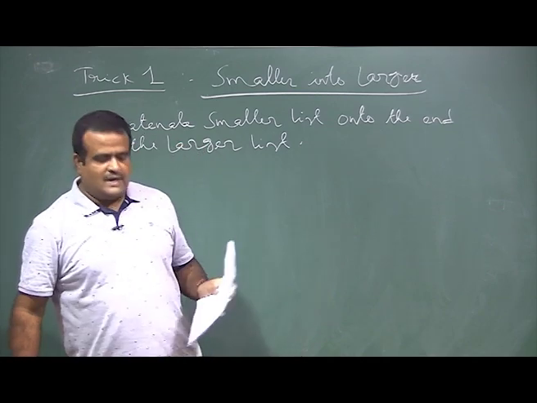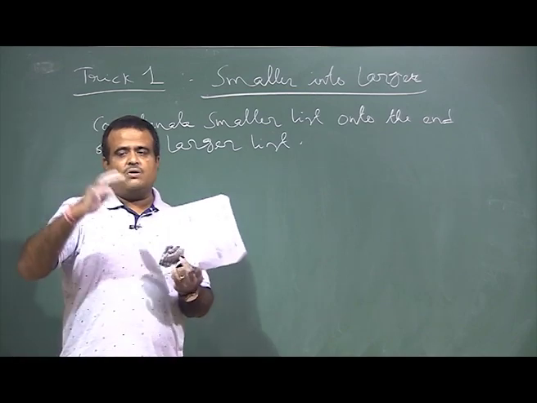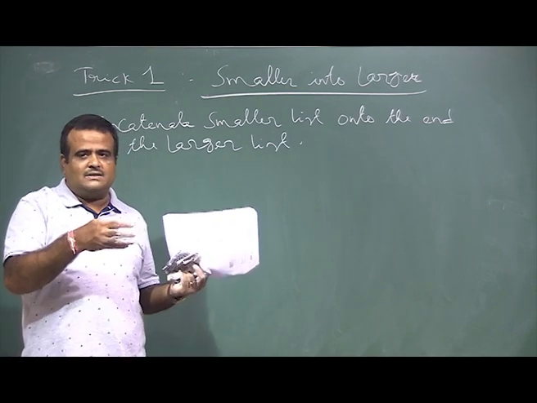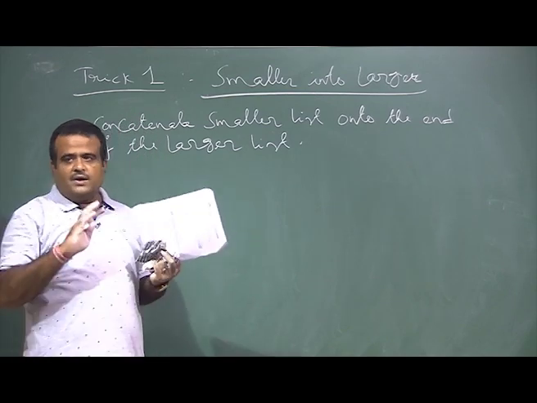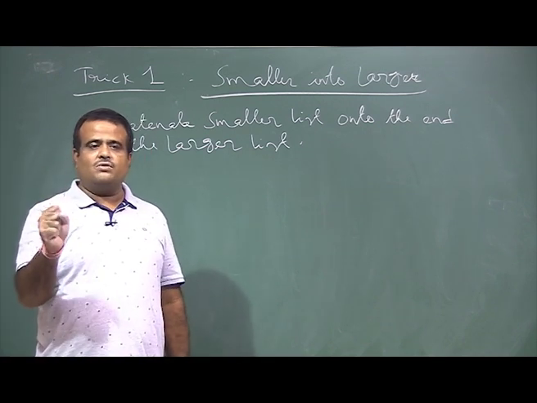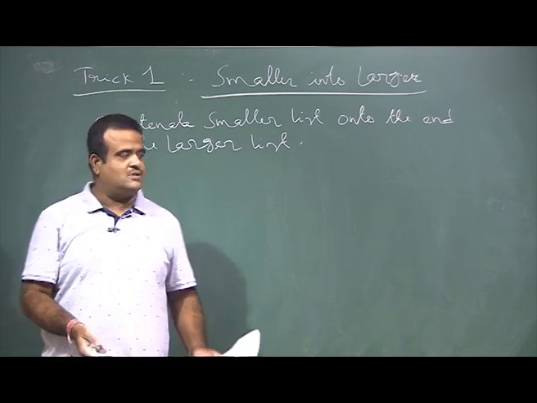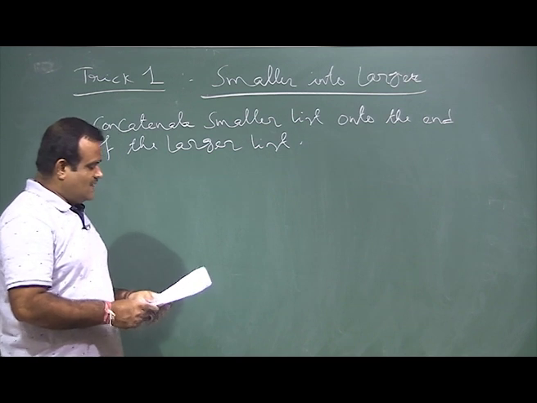Earlier we were concatenating S with Y, but S is smaller. Now, after applying the trick, since S is smaller, we are going to concatenate S at the end of the Y list. So that is the idea.